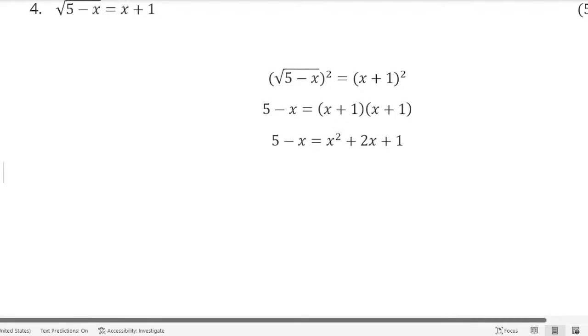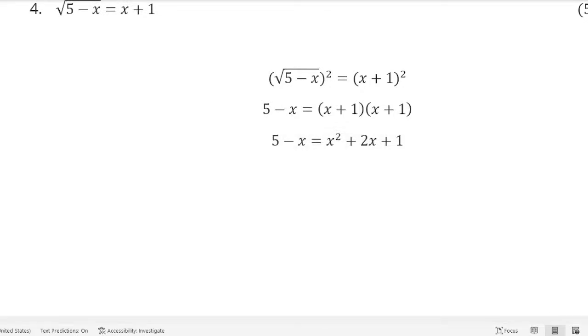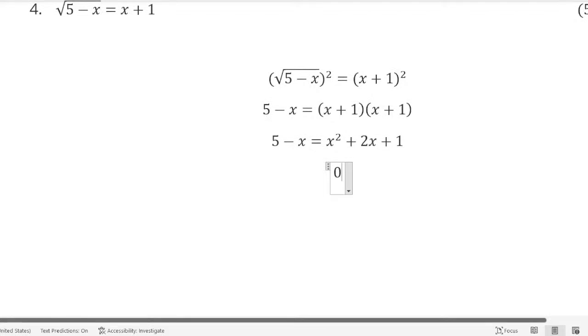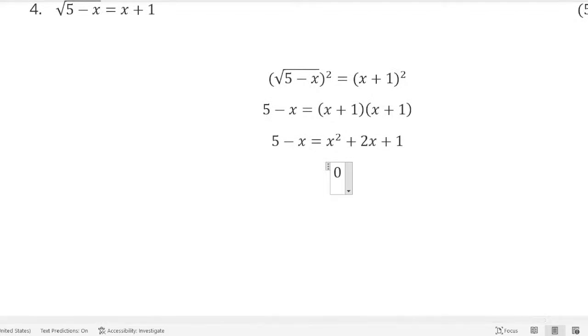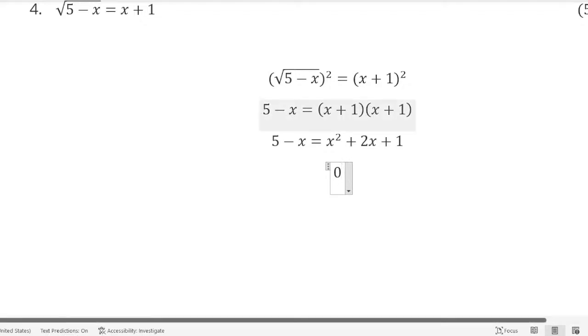Then we're going to take everything on the left to the right hand side. So on the left, we'll be left with 0. We're transposing everything on the left to the right hand side. So when we take everything on the left hand side, we're left with 0, with nothing.